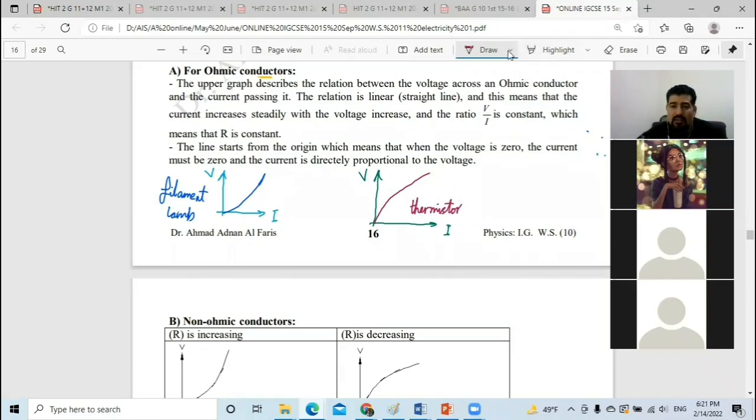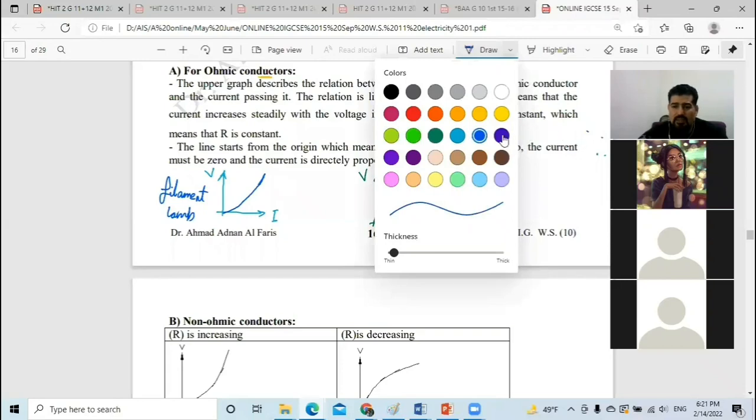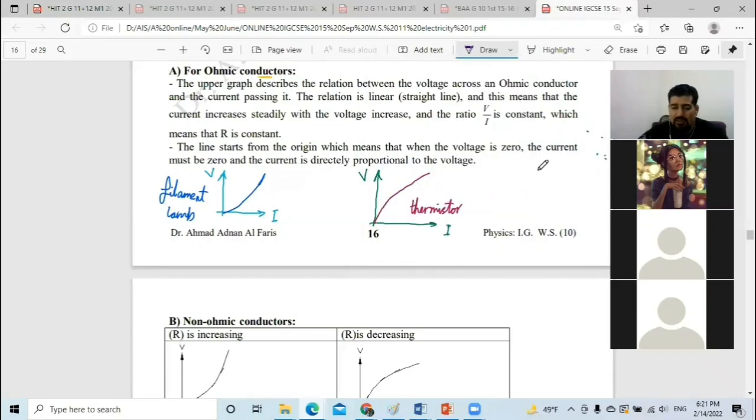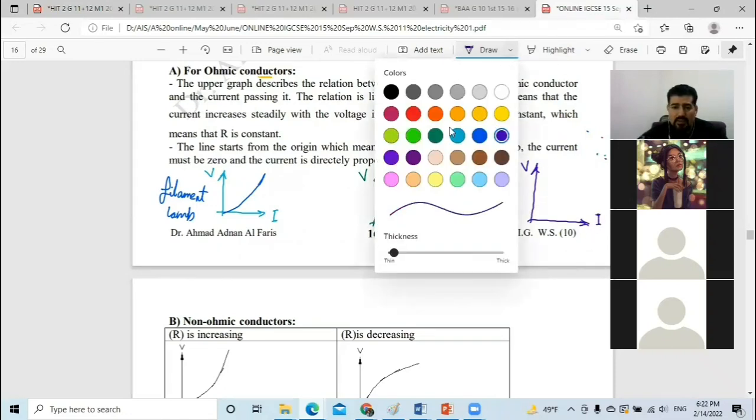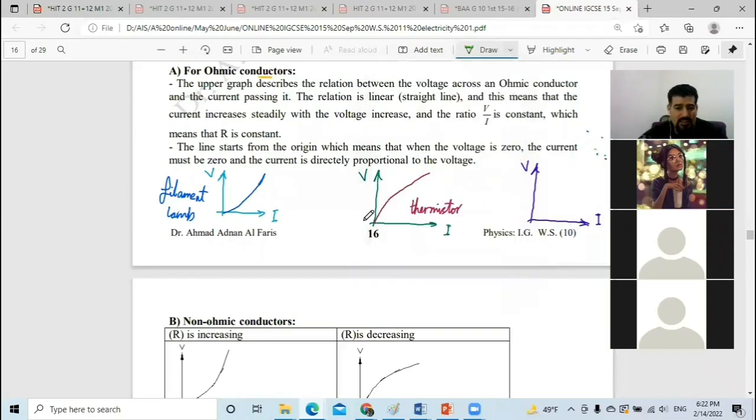Thermistor. And the third device is called a diode. The voltage and current graph between them is unique. It will not start from 0 like these two.